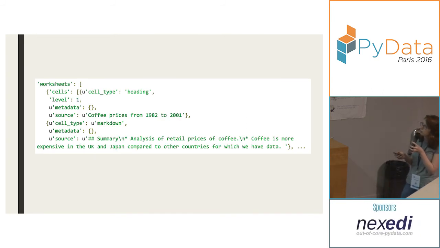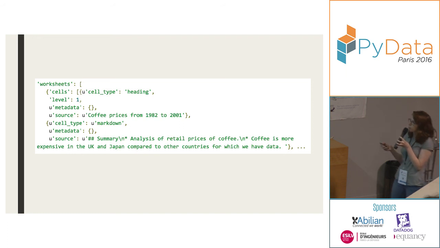So for example, the first cell has cell type heading, level 1, no metadata, and the source is the text within this cell. The second cell has cell type markdown, no metadata, and again the source is the text. And you can see that this is markdown where I've defined 2 bullet points.